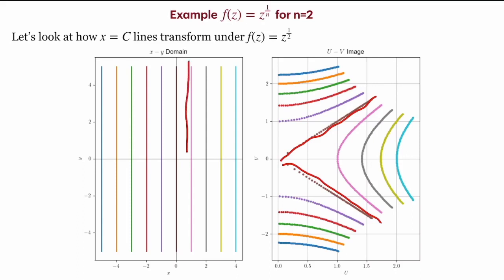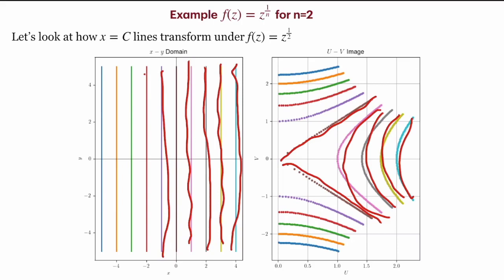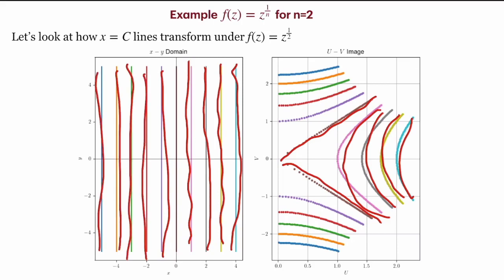All the positive straight lines, that is x equal to positive constant, turn out to be in the shape of parabolas around the x-axis. Now you can see the other curves, for negative x, take a curve on both sides of the x-axis in a symmetric fashion. So this is how it maps.